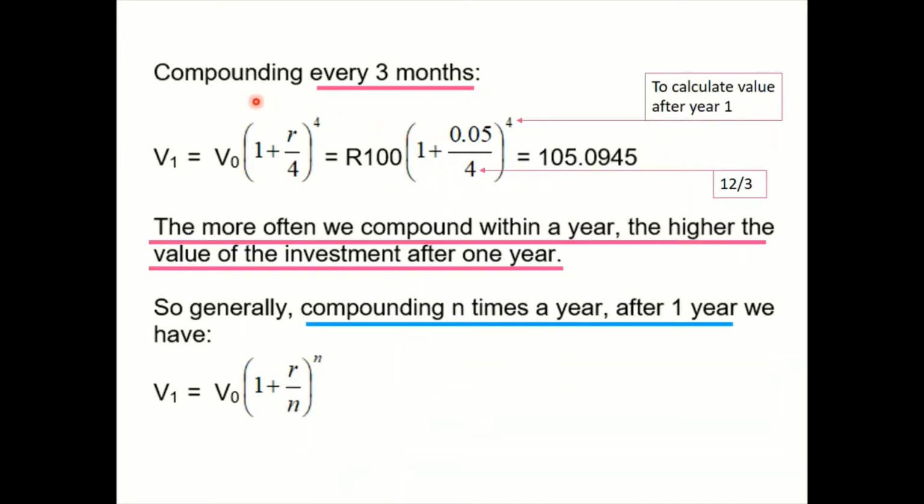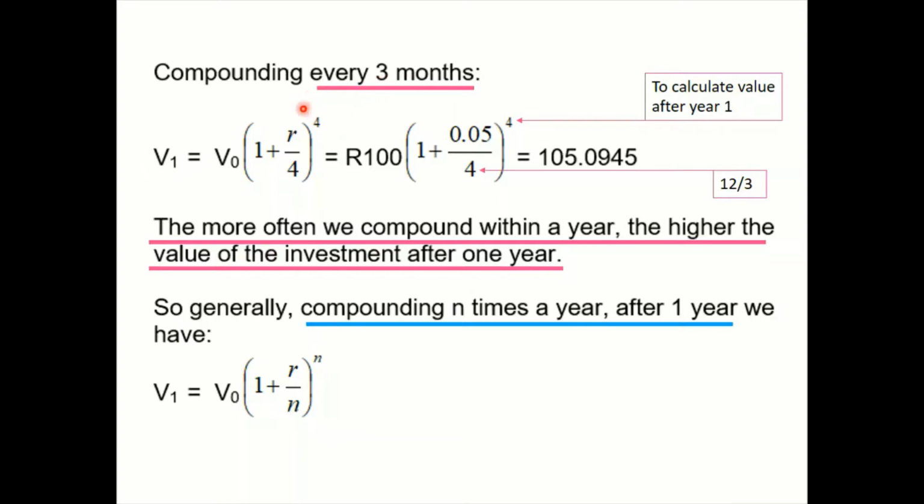In this example now, we are compounding every 3 months, and that means that we are going to be adding interest 4 times during the year. Given that there are 12 months in a year and we are compounding every 3 months, interest gets added 4 times throughout the year.